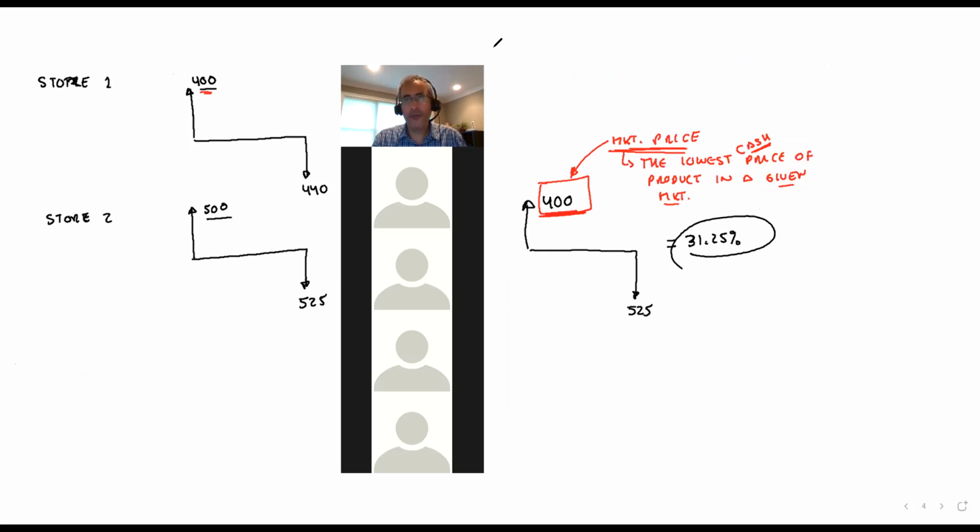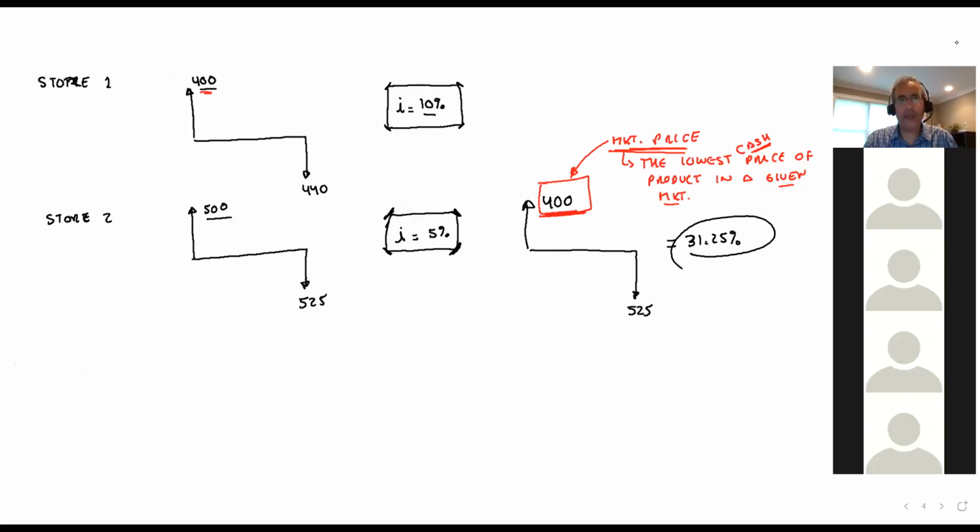So do you agree with me that this 5% is misleading? Yes. It is misleading because of this number. Then if you want to compare between two stores, what you use is the market price. What is the market price?